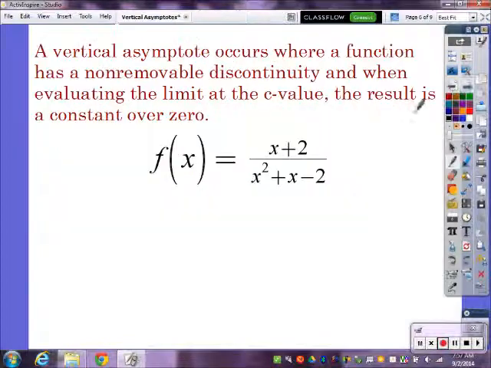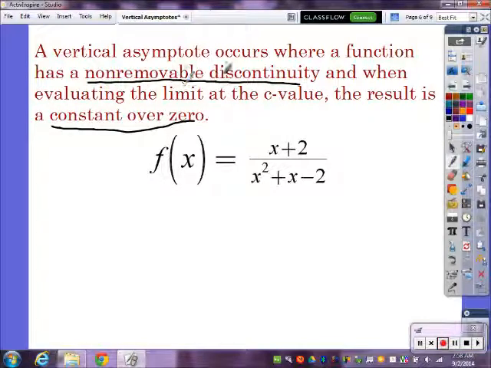So, a vertical asymptote occurs where a function has a non-removable discontinuity, and when evaluating the limit at the c value, the result is a constant over 0. Non-removable discontinuity means that when I factor the quotient, I can't remove the factors like I did with the first limit.